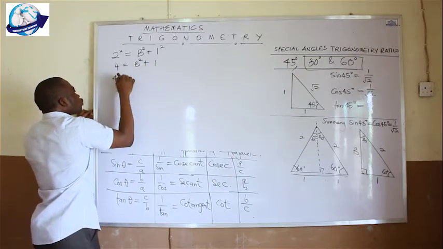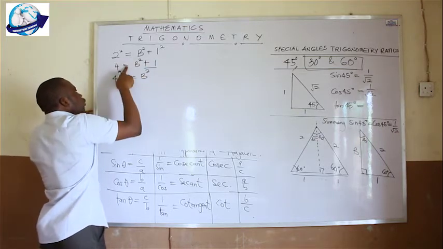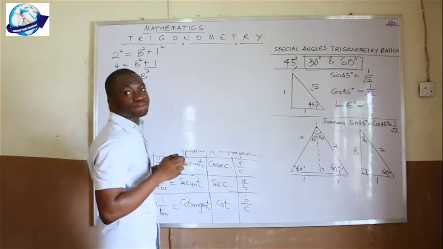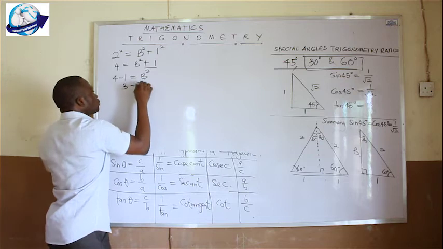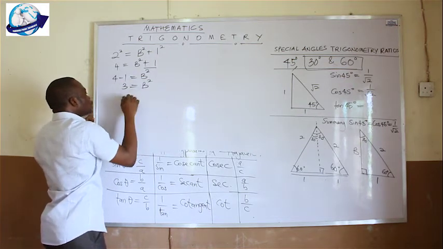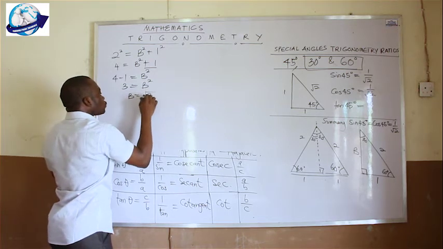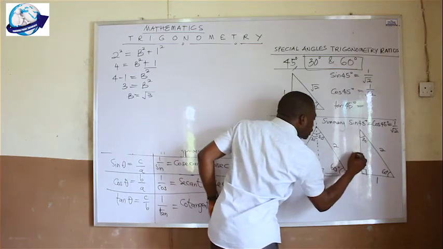That's 4 minus 1 is equal to B squared. But when plus 1 moves and crosses the equality sign, it changes to minus 1. So 4 minus 1, you will get 3. It's equal to B squared. Then taking the square root of both sides, your B becomes the square root of 3. That's root 3. Meaning that this side is root 3.